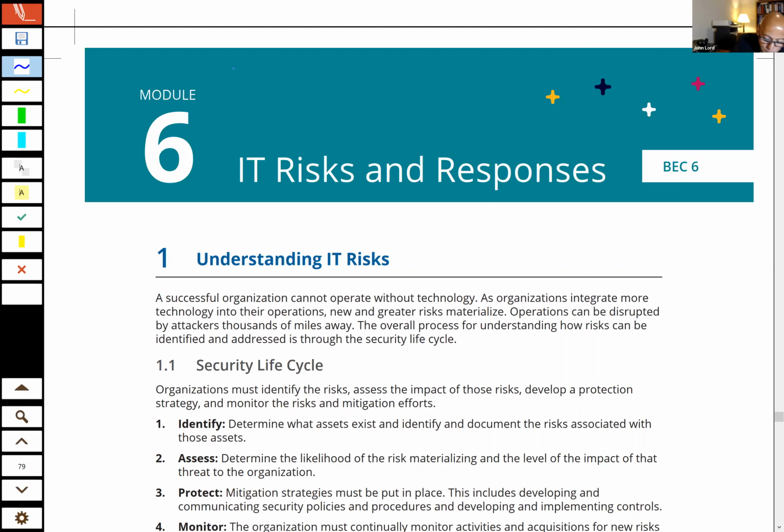Okay, so let's go ahead and take a look at this next one here, which is IT risks and responses. So again, we're into risk. We're into managing those risks by responding. We respond with controls, right? So you're saying, well, John, we've already talked about this in the context of system development, system acquisition, making changes, keeping a legacy system if we don't make the changes.